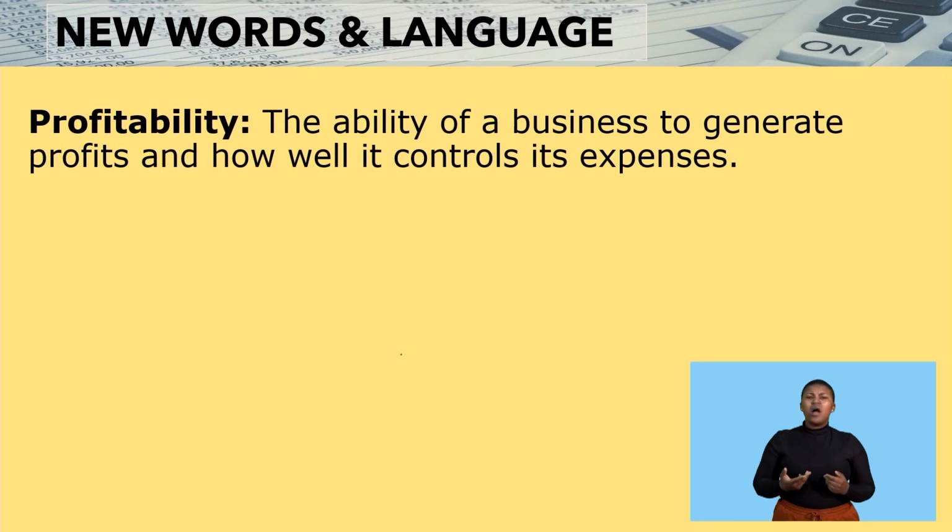So when we look at profitability financial indicators, we are focusing on the statement of comprehensive income. What is profitability? It is the ability of a business to generate profit and how well it controls its expenses.